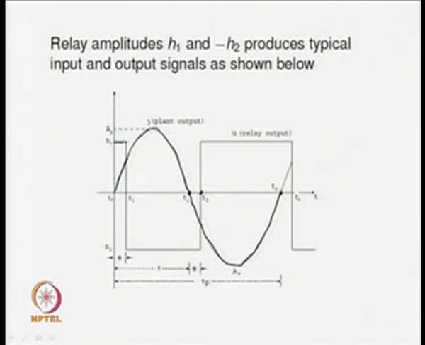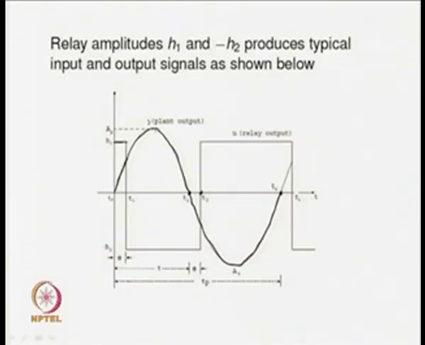So, in all we have to find 4 analytical expressions to describe one complete cycle of output of the system. Now, the peak amplitude is given by A p, whereas the other peak value of the output is given as A v. Since the input appears after time theta, theta can be shown in this fashion, whereas tau and tau p are the half period and time period of the sustained oscillatory output.